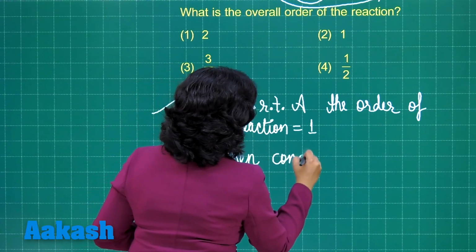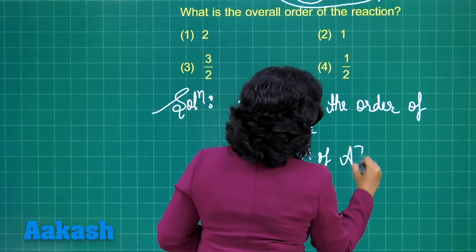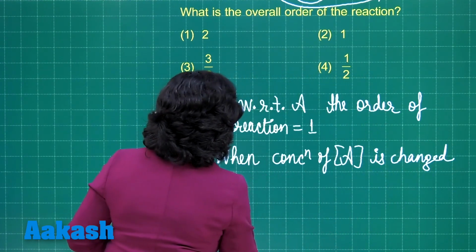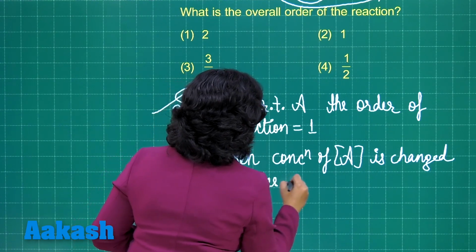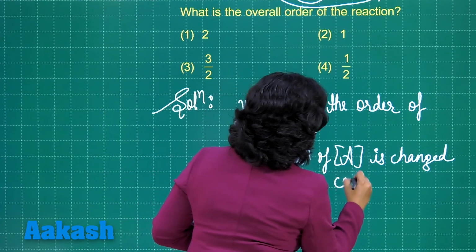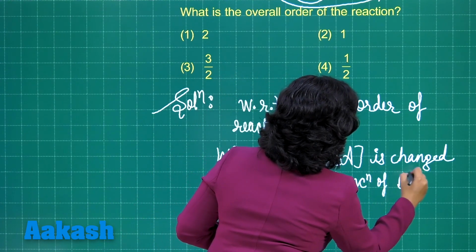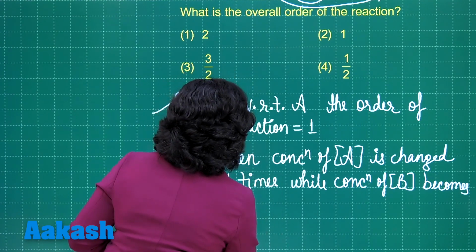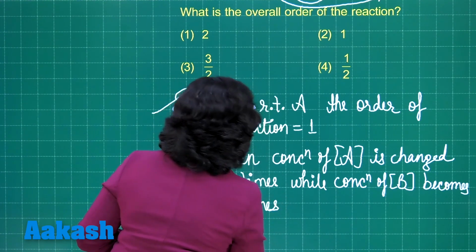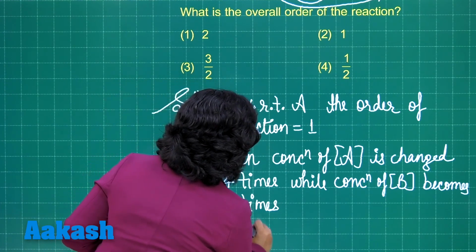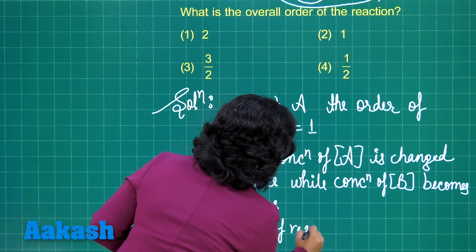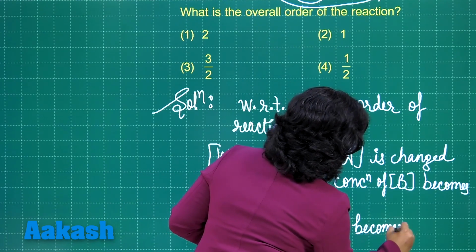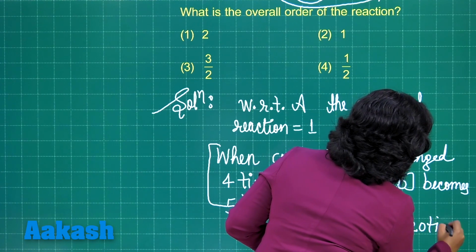So, very simple to write: when the concentration of A is changed 4 times, while the concentration of B becomes 5 times, then in this particular condition the rate of the reaction becomes 20 times.